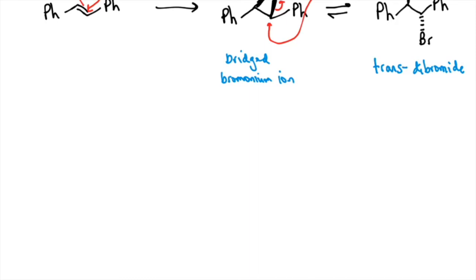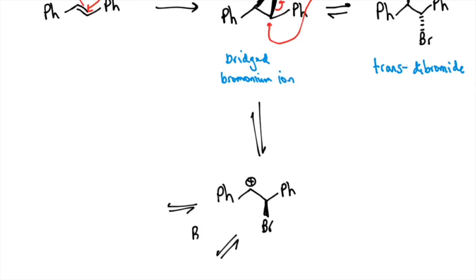If it was not a concerted process and the bridged bromonium ion opened up, let's just draw that. If, let's say, this bridged bromonium ion opened up to give us a carbocation, then we could draw the bromide anion attacking from either the front face or the back face. And that gives us two different products.